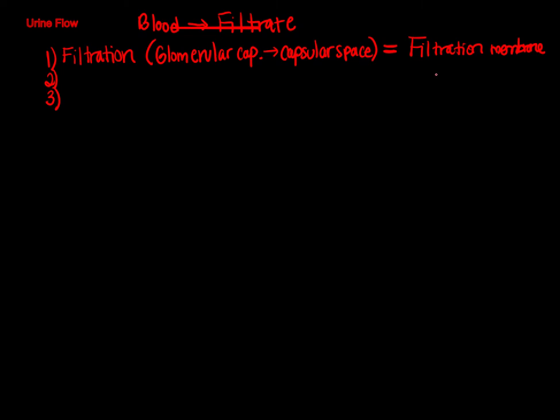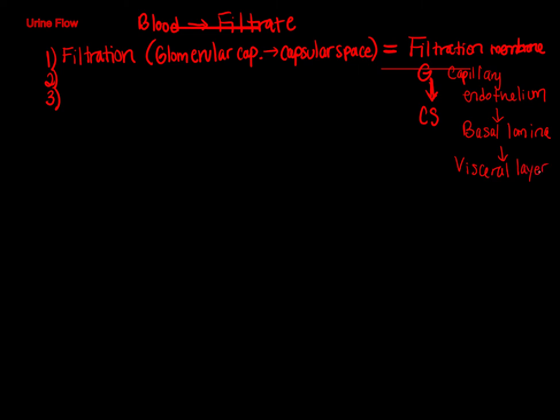We're going to call that filtrate. Okay? So our parts of the filtration membrane, as we go from the glomerulus to the capsular space, we're going to go through the capillary endothelium of the glomerular capillaries, and then we'll go through the basal lamina, and then we'll get to the visceral layer of our glomerular capsule, which again is going to be composed of our podocytes and their many legs.